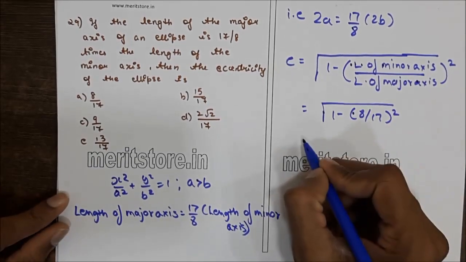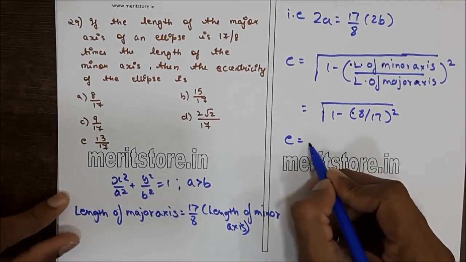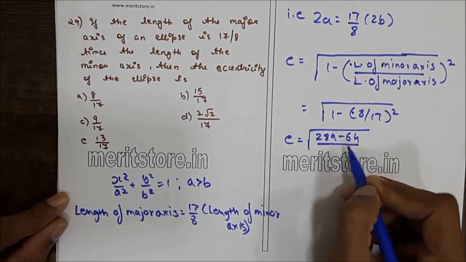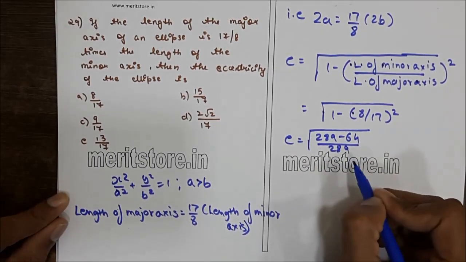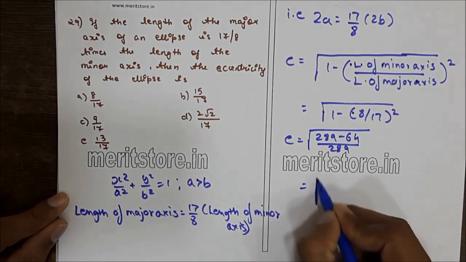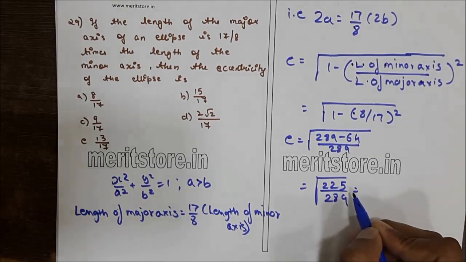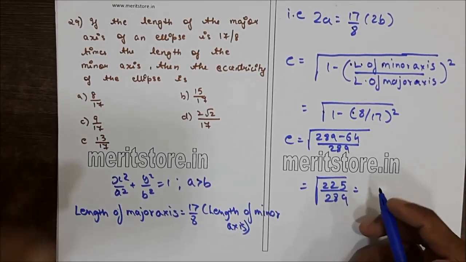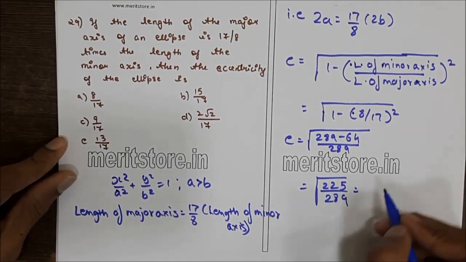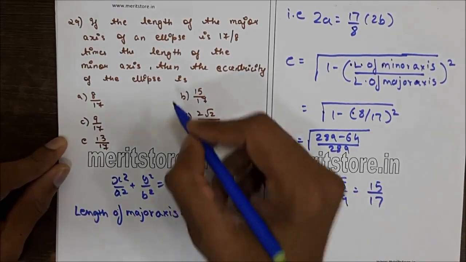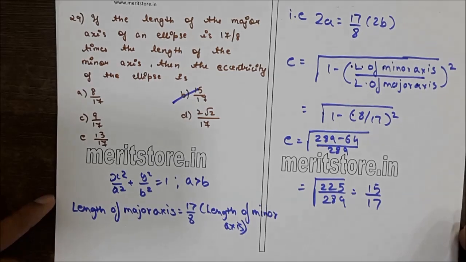Further solving this, we get e is equal to under root of 289 minus 64 upon 289. Further solving this, we get under root of 225 upon 289, which is equal to 15 by 17, which is our option B. Therefore, option B is the correct answer.